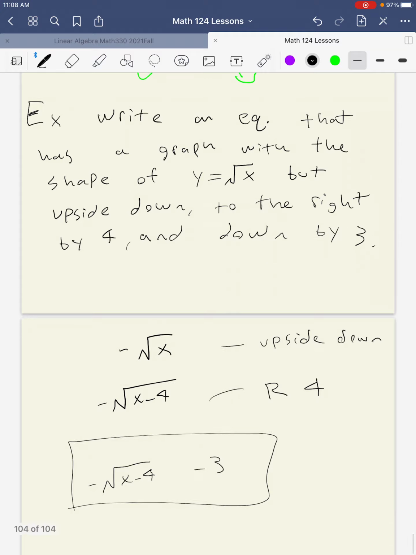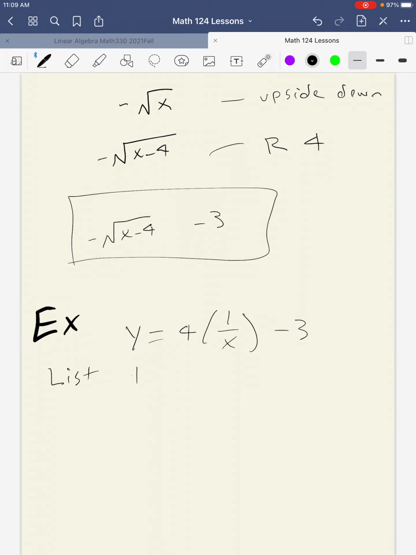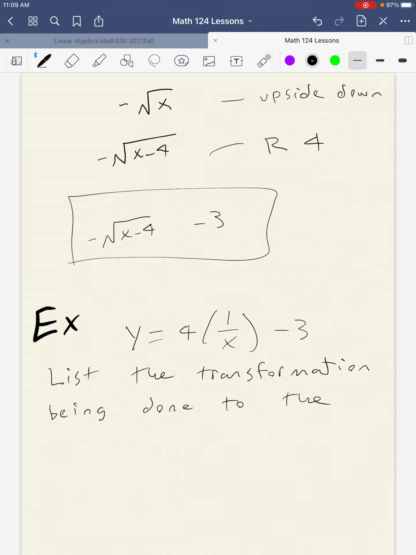Okay, another type of problem you may encounter is you're just given an equation, say given y equals 4 times 1 over (x minus 3), and you just need to list the transformations being done to what we sometimes call the parent graph.